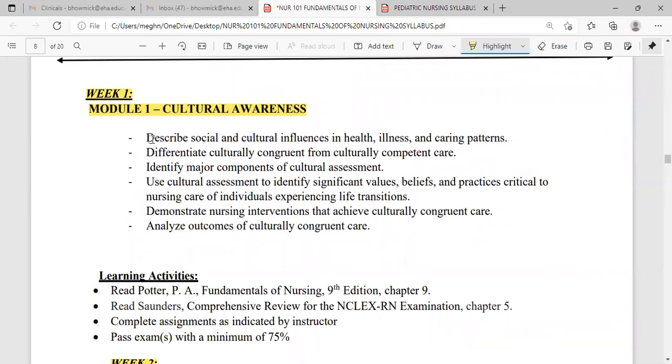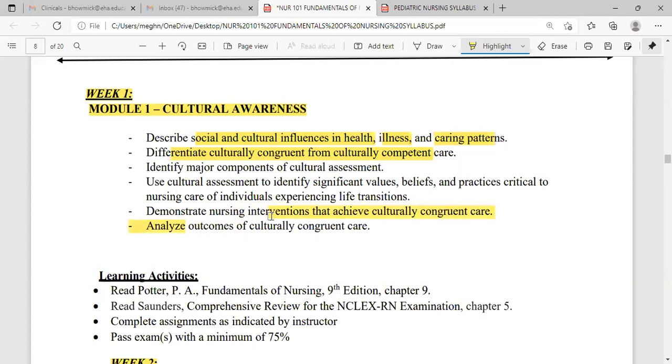Cultural awareness, talking about the social and cultural influence on health, illness, and caring methods. Differentiate culture, cultural diversity, and components of belief. Identify the major components of cultural assessment, and use the cultural assessment to identify the significant values, beliefs, and practices critical to nursing care of individuals experiencing life transitions.